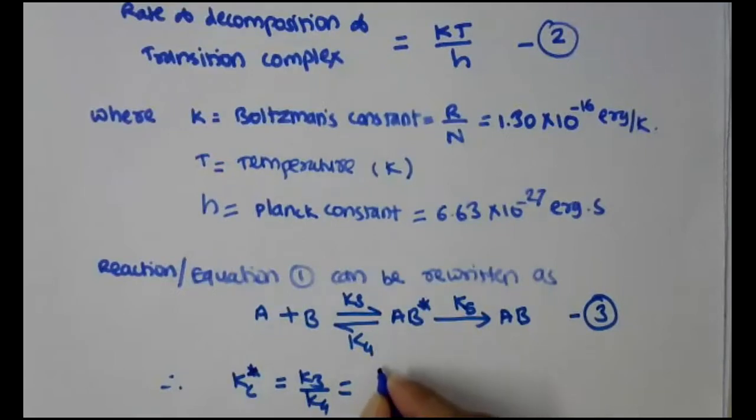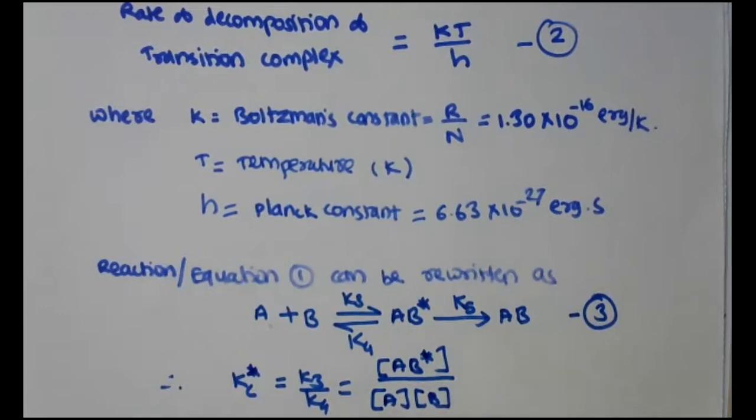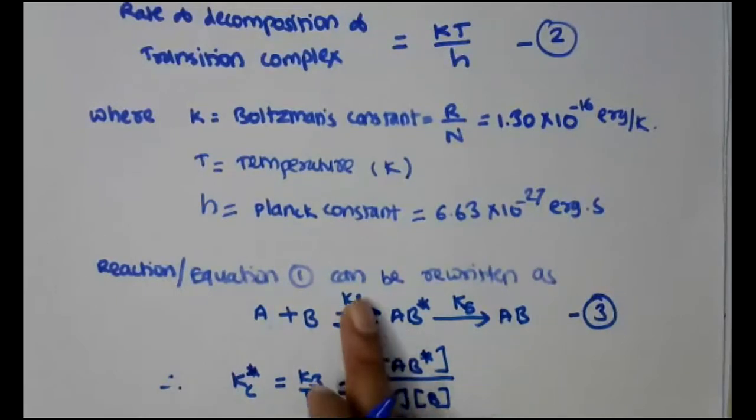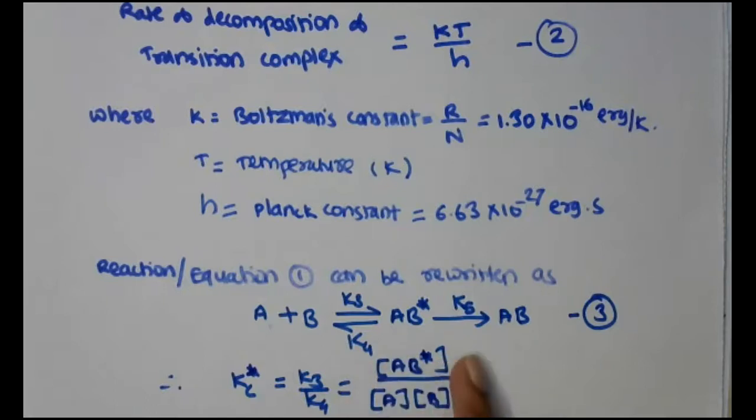The equilibrium constant is the ratio of concentration of product to the product of concentration of reactants. So Kc star is equal to k3 upon k4, which is equal to the concentration of AB star divided by the concentration of A into the concentration of B, where square brackets represent concentration. This is equation number 4.